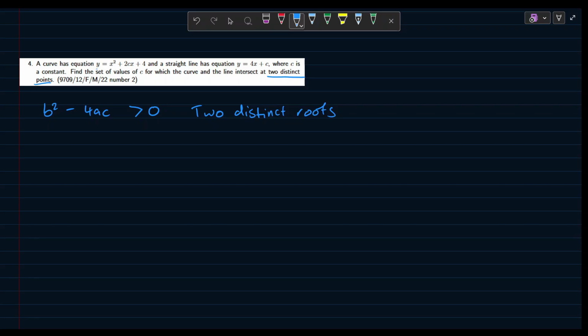So we've been told that we've got a curve y equals x squared plus 2cx plus 4, and we've got a line y equals 4x plus c, and they want us to find the set of values of c. Again, they've said set of values, so that means we're probably looking for an inequality. Where the curve and the line intersect, since we're looking for a point of intersection, we're going to have to solve simultaneously.